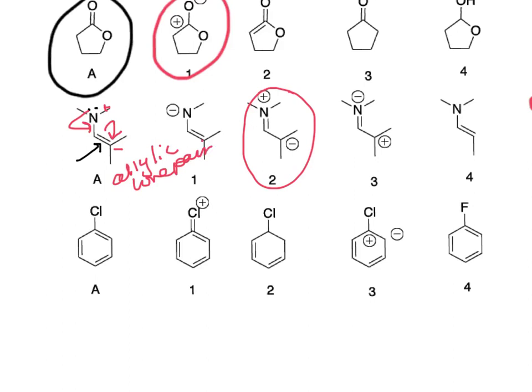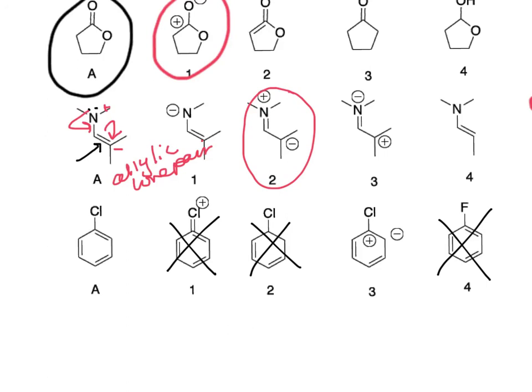Finally, we come to the chlorobenzene, and what we can do here is automatically eliminate structure 1 because there are 5 bonds to carbon. Structure 2 is missing pi electrons. Structure 4 has a fluorine.